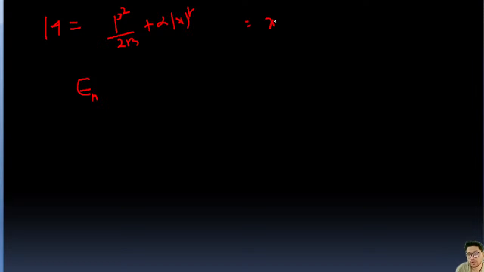So if it is x to the power r, and r is any positive integer, and the potential energy is of this form, we will not consider the constant, we'll just check the power of x. So the power of x is positive. If the power of x is any positive constant, in that case, this is a trick, guys.